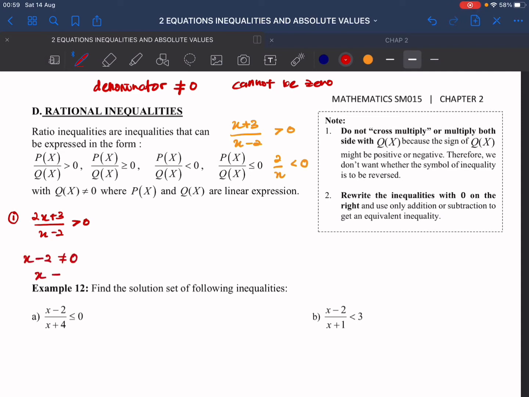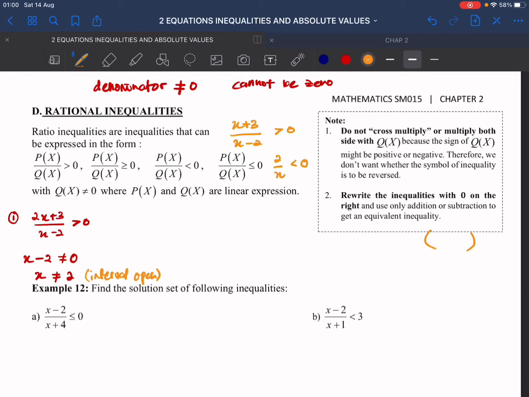Therefore, we have x is not equals to 2. Okay, so kamu tahu kalau dia not equal kat sini, kita punya interval mesti kena open. Interval open, open interval. Apa benda open interval? Yang macam itulah. Okay, denominator memang tak boleh 0 lah. Kalau kamu tekan calculator, kamu punya over 0 dia akan dapat undefined kan. Okay, itu satu benda untuk rational inequalities.